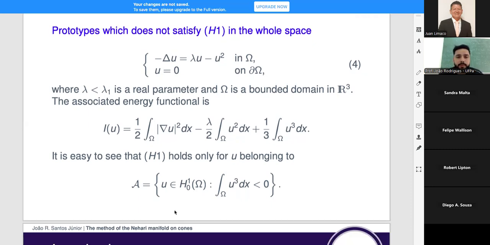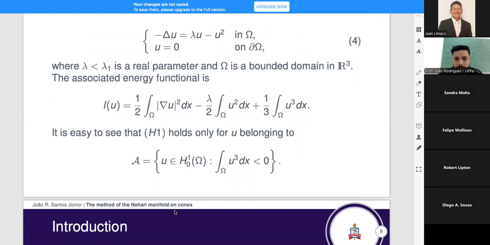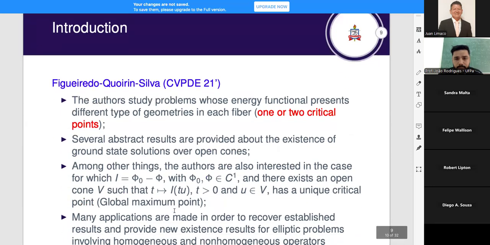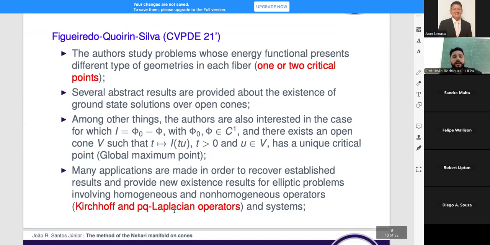Let me tell some words about this work published in 2021 by Figueiredo, Curran, and Silva.